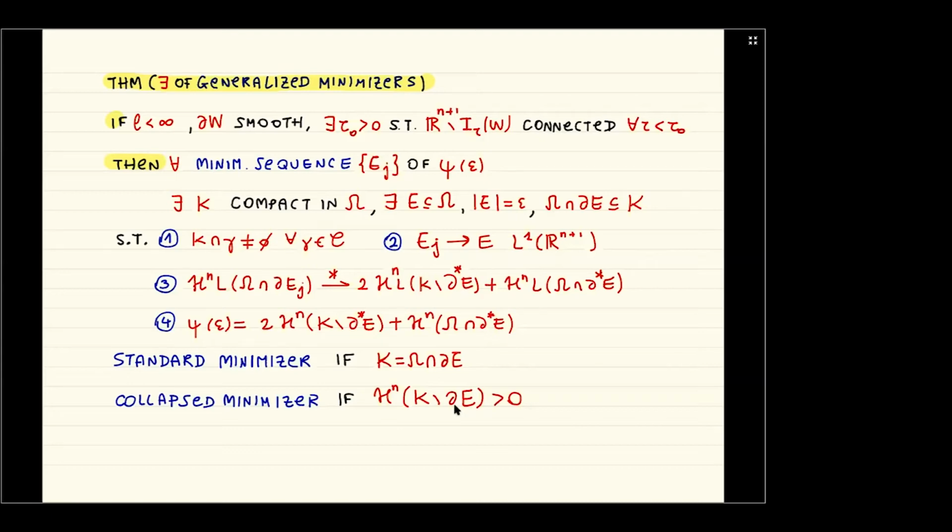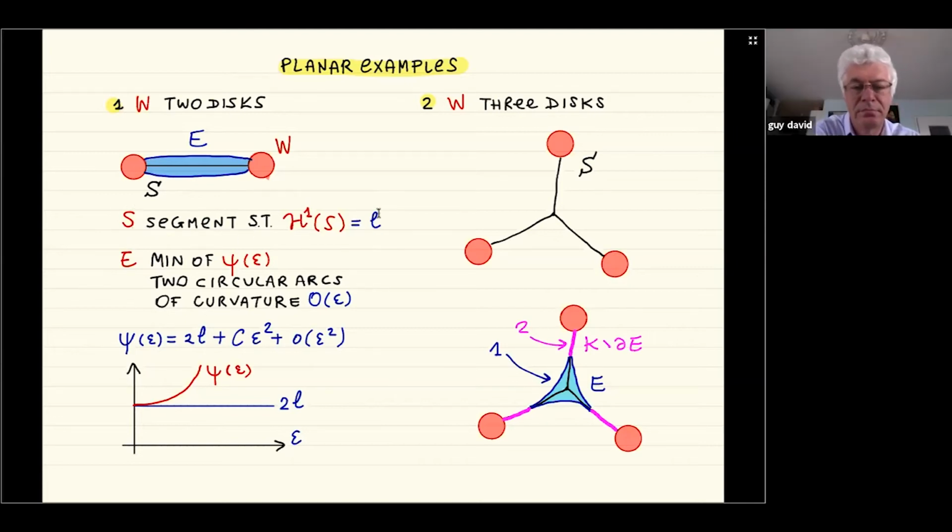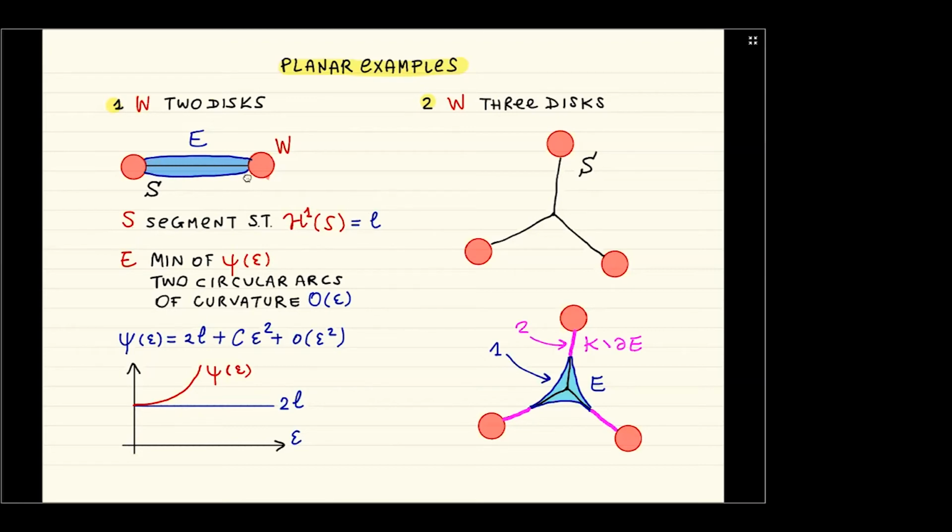Okay, so let me go to this next slide. Here you see there are two examples. Say that W was given in the plane by two disks. The minimizer in the plateau problem S will just be a segment, with length L equal to the distance between the two disks. Very simple. What is the minimizer in my problem?